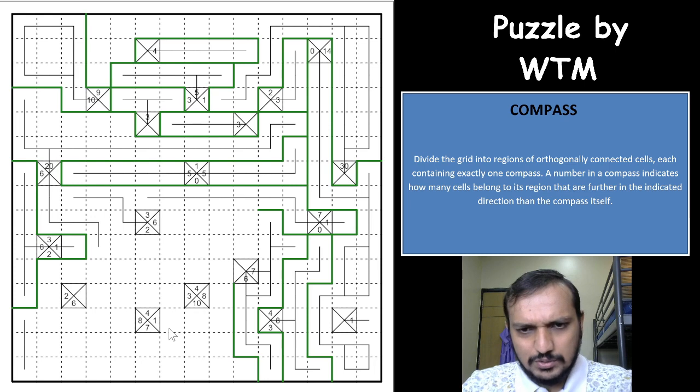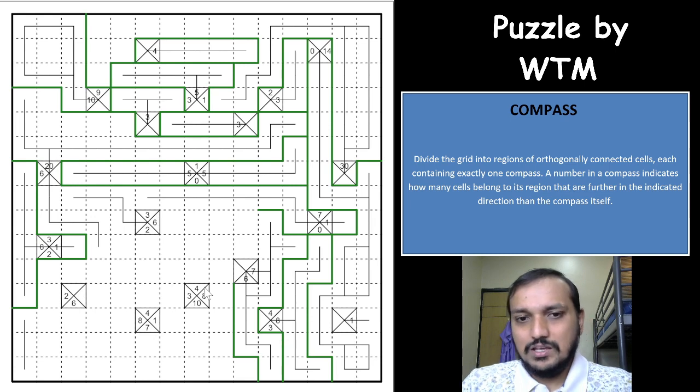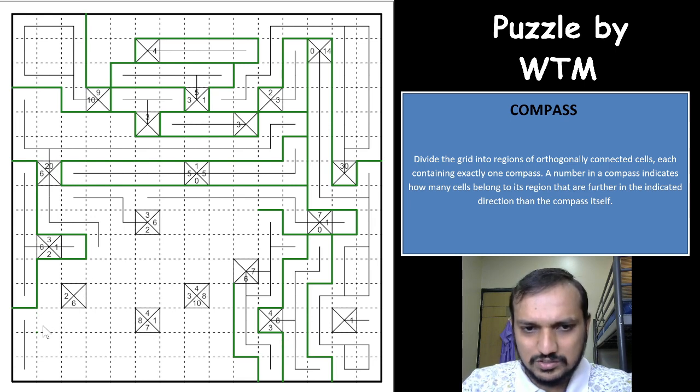I have exactly 22 cells. So right, 12 plus 9 is 21, sorry, 24 cells, exactly 24 cells I have, out of which 23 are taken by these 3. It means only one more cell will be taken by any other region, and that has to be this cell for this region to go out.